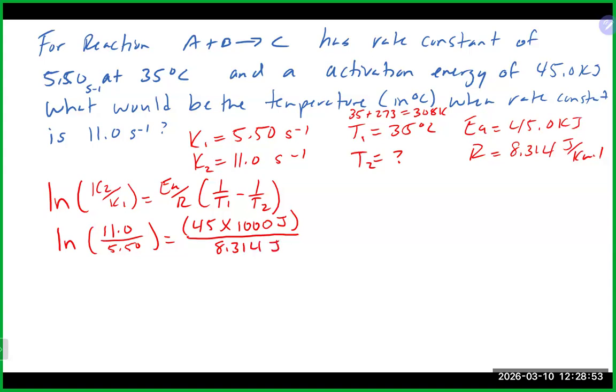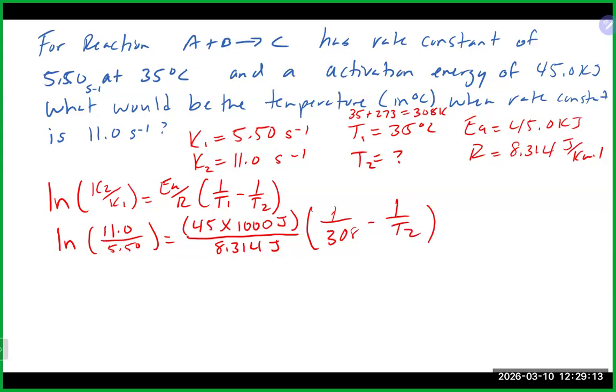If you leave the top in kilojoules and the bottom in joules, you're going to be off by a factor. Or you could convert the other way into kilojoules, whichever way you want to go, but you do need to make sure those two are the same units. Then 1 over 308 minus 1 over our T2.